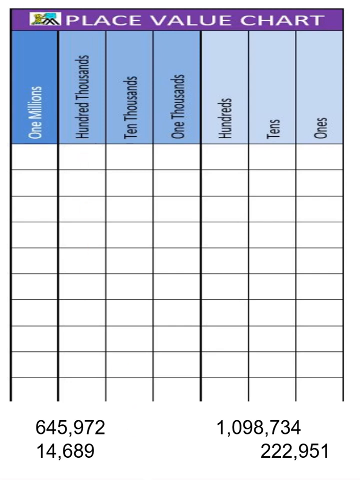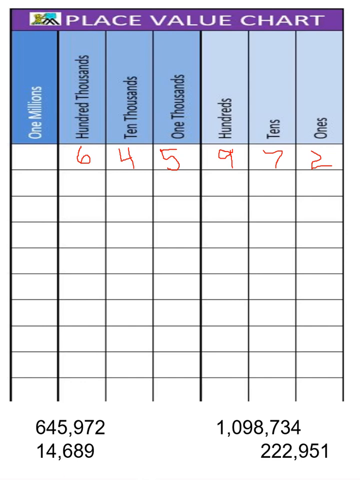So I'm going to take this and write a 6. 645,972. Okay? I know that some of you are going to be able to do it very easy, but for those of you who need a little help with reading numbers and knowing where to place them in the place value chart, this is just a very easy way to do it.